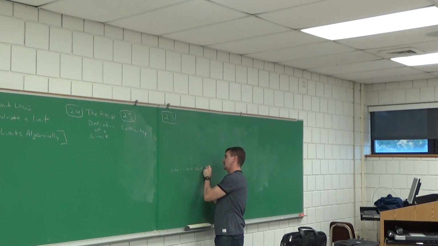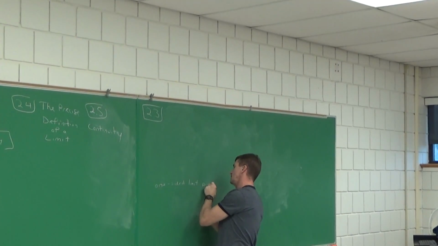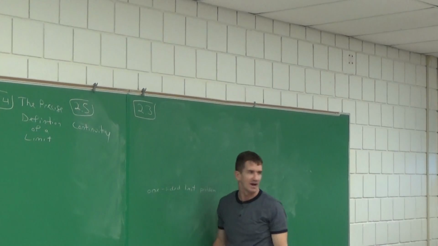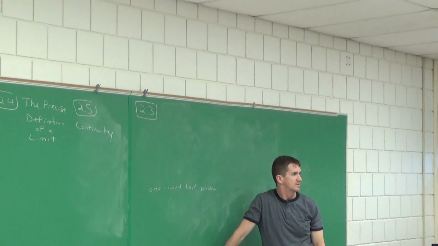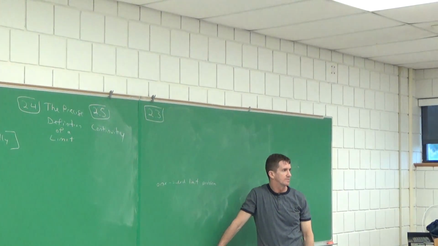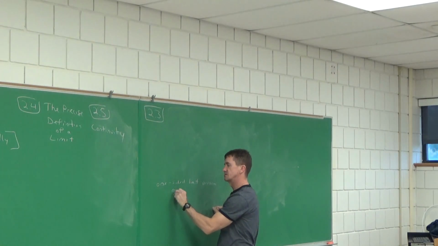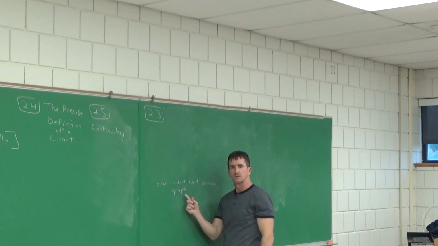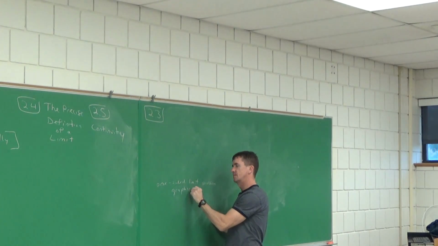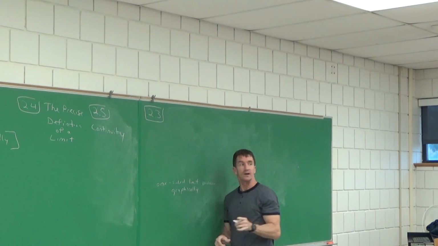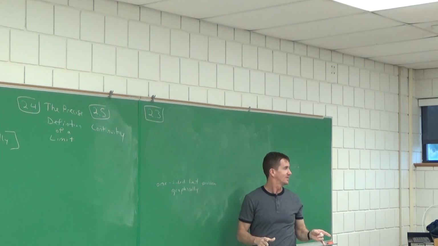You're going to find one-sided limit problems. What's the best way to do it? I don't recommend algebraically. What are two good ways to do it? One way is graphically. But what was the way we introduced right at the end of class last time?